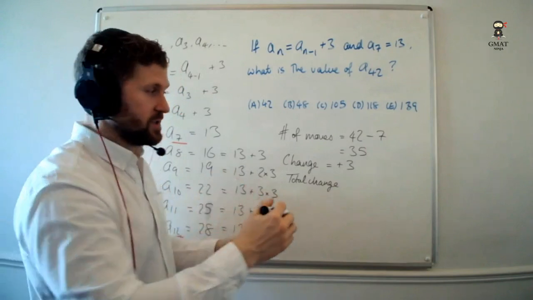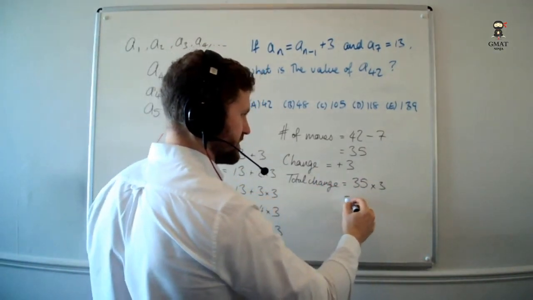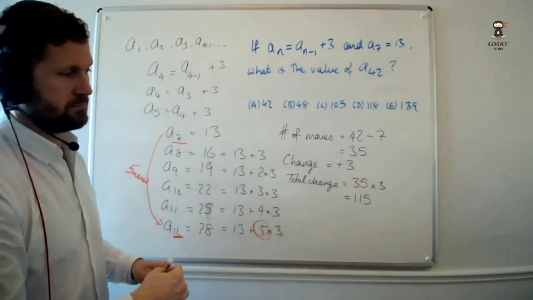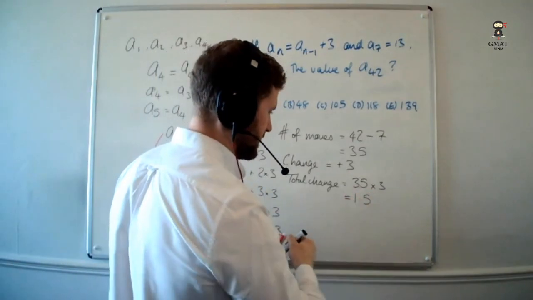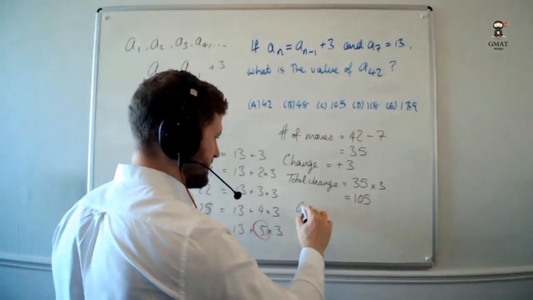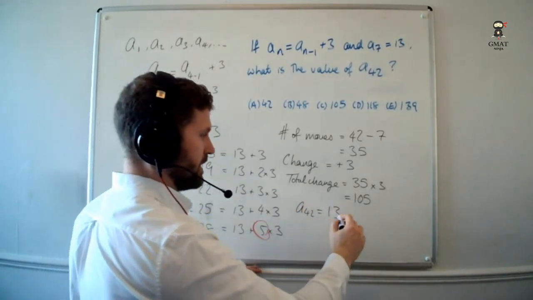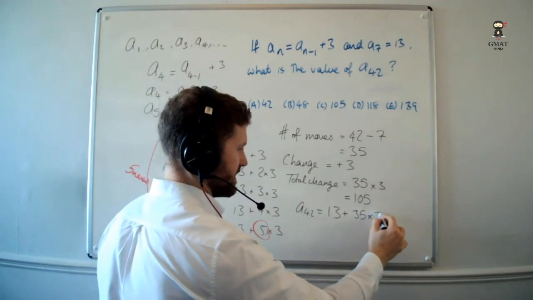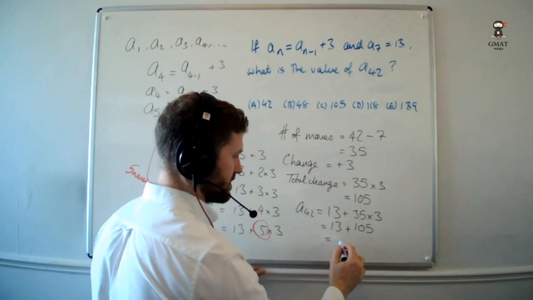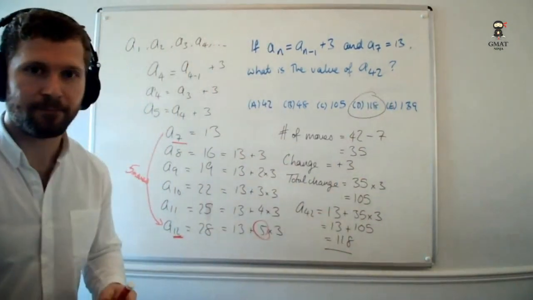But then the total change is going to be, I'm going to make that same change each time. So 35 times 3, which is going to be 115. Sorry, 105. What am I talking about? And so my final value, the A42, is going to be the 13 that I started with plus 35 times 3, or 13 plus 105, which is going to give us 118. So our answer here is D.